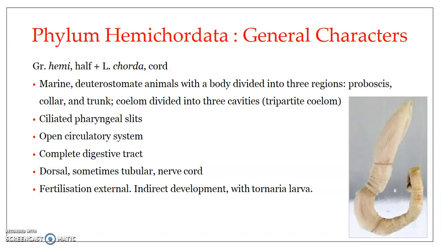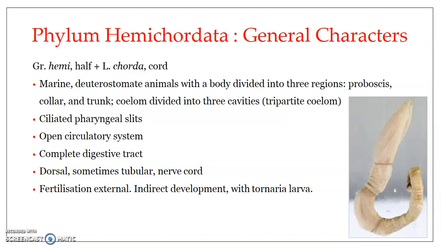Hemichordates are exclusively marine, solitary or colonial, and you can see they have a more or less vermiform, worm-like body. They are enterocoelous, deuterostomate animals, and both the body and the coelom have three unequal divisions.